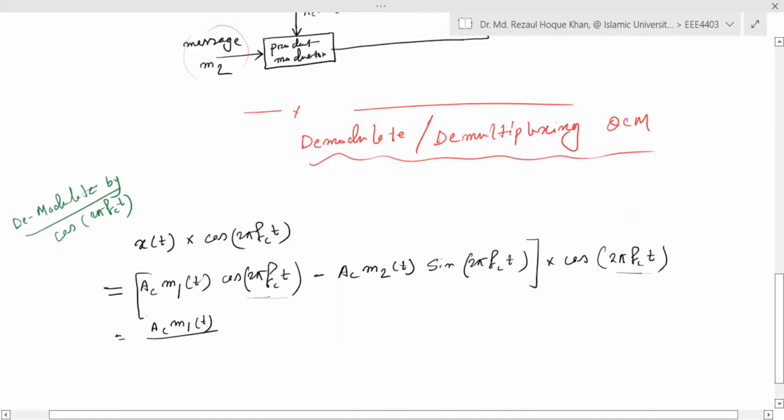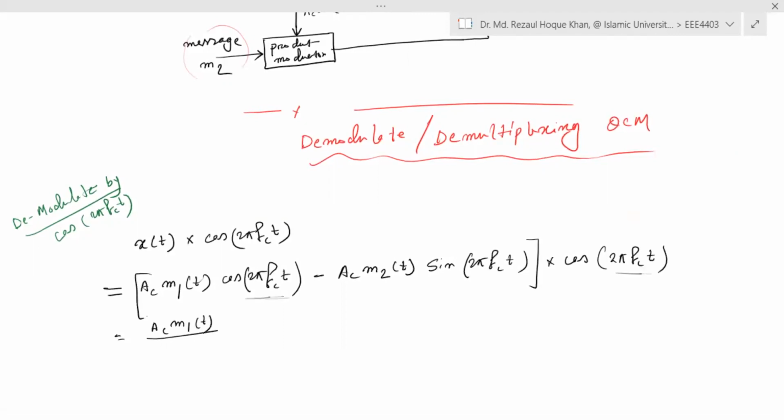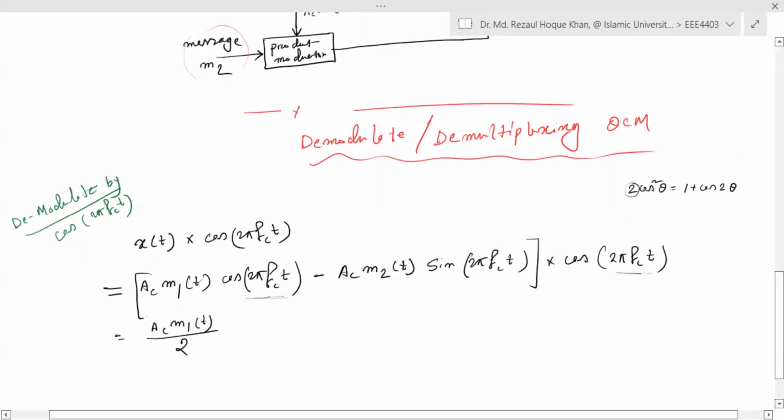So I want to make it 2 cos square theta, which equals 1 plus cos twice theta, but because this 2 is not there, I will make it half: half of 1 plus cos twice theta.